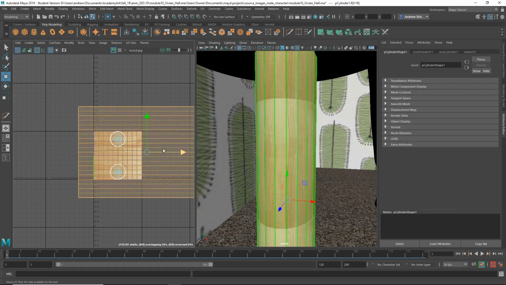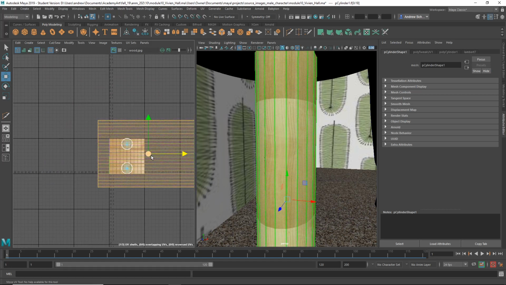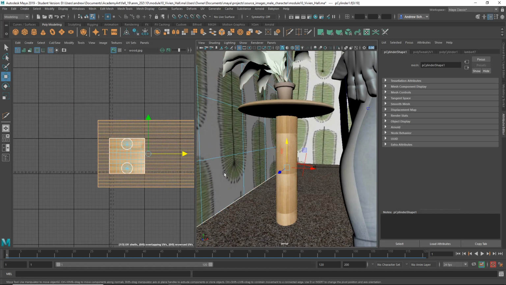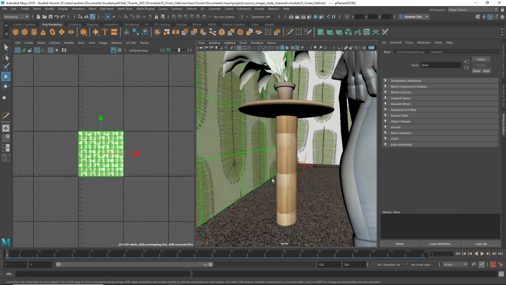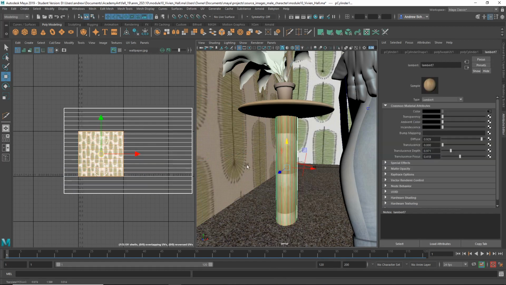It's repeating, but I don't know. It's maybe not the greatest wood grain for this particular purpose, just because it's so small, right? The image itself represents an area.